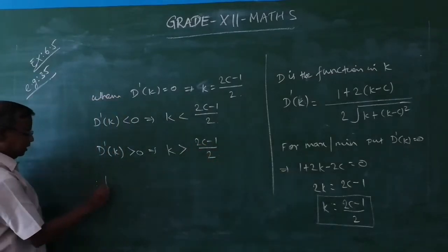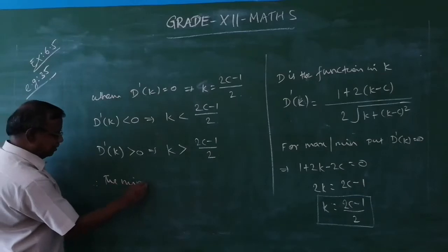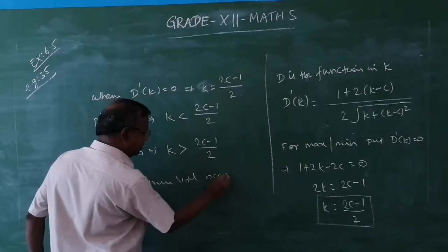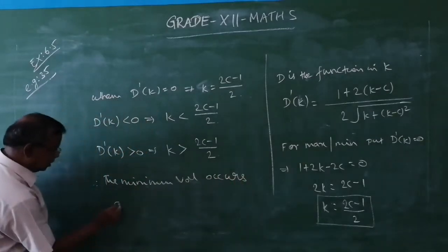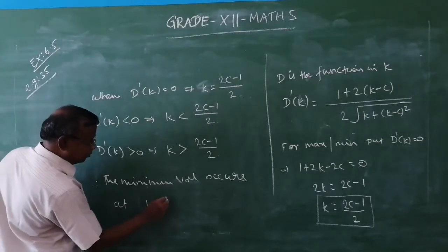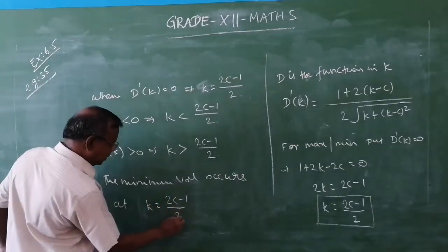Therefore, clearly the minimum value occurs at k equal to (2c minus 1) by 2.